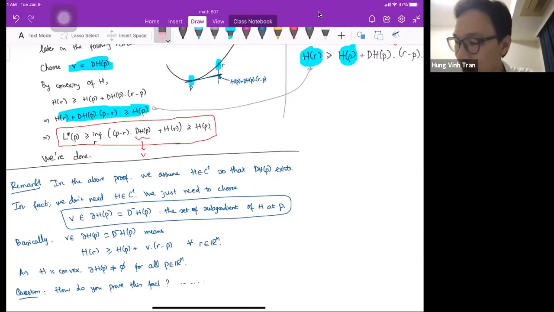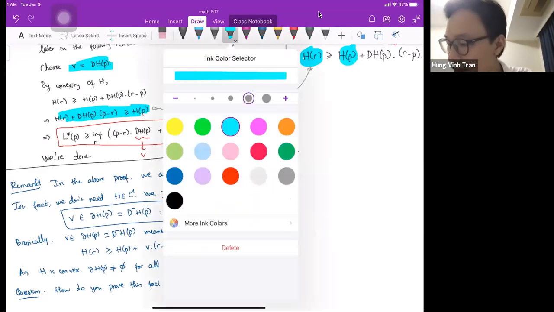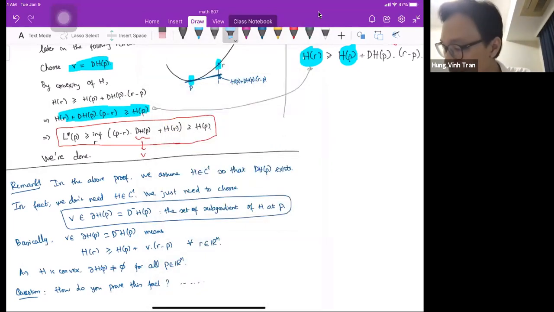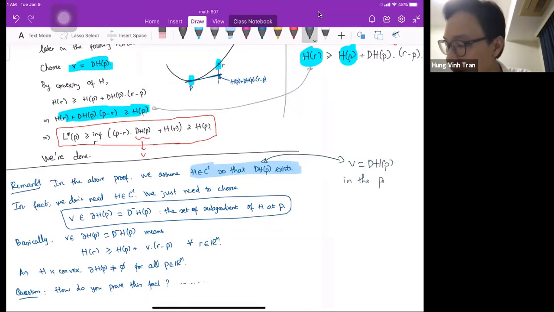In the above proof, we did use the point that we need H in C1 so that dH of P exists, because we chose V equal to dH of P in the proof, right? So that's seemingly an important point that we have to address.